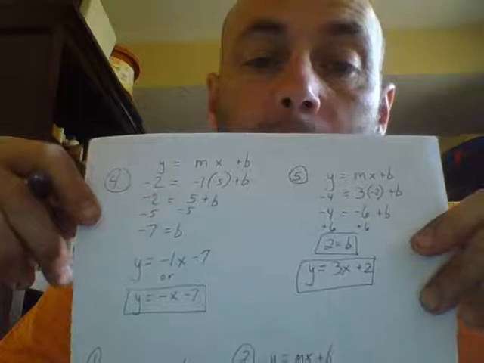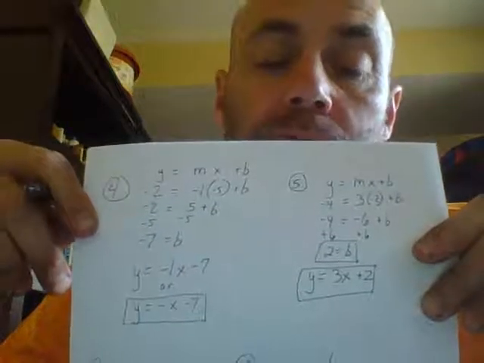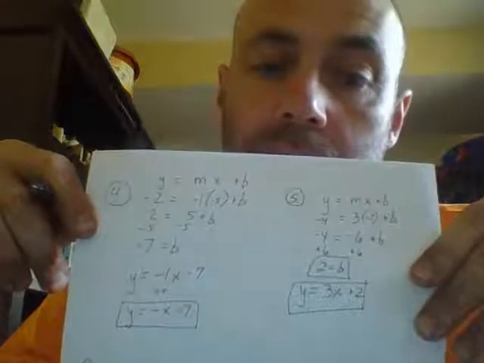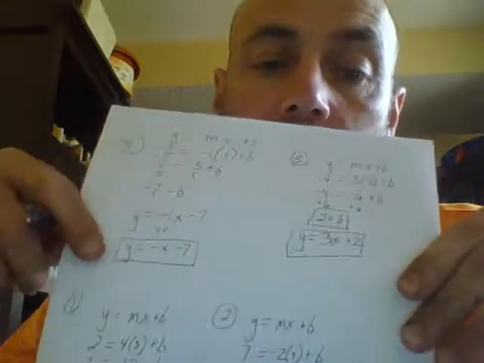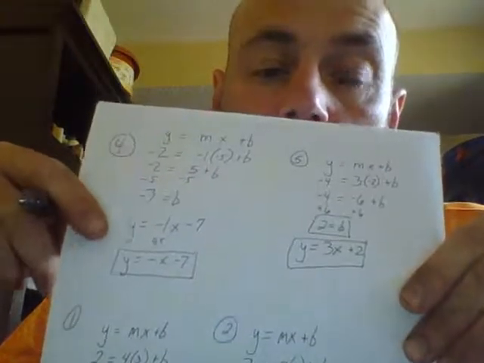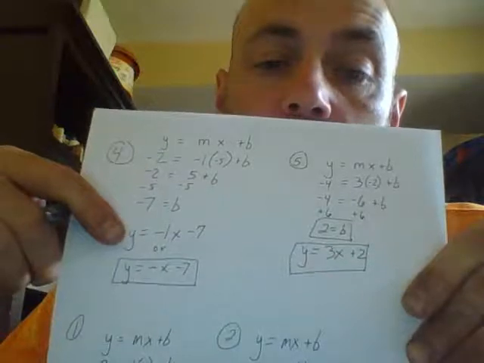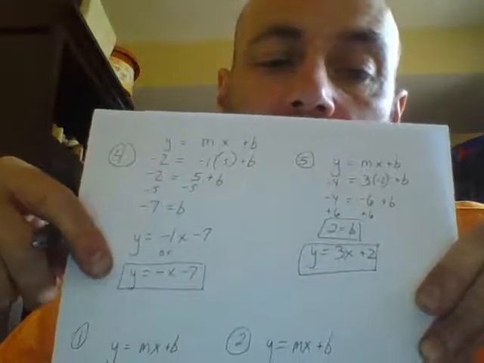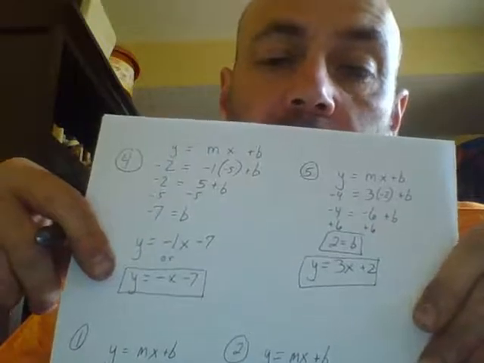So negative 2 equals 5 plus b, subtract 5, you have negative 7 equals b. Plug everything in. y then equals, right here, negative 1x minus 7. And you can simplify that because you don't need that negative 1. You can just put negative x minus 7. And that's okay. Either is fine.